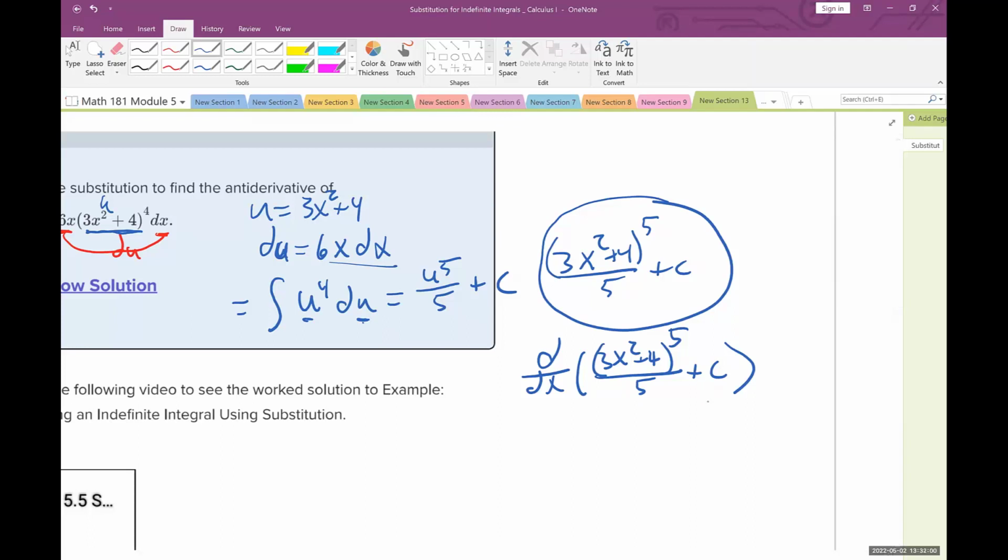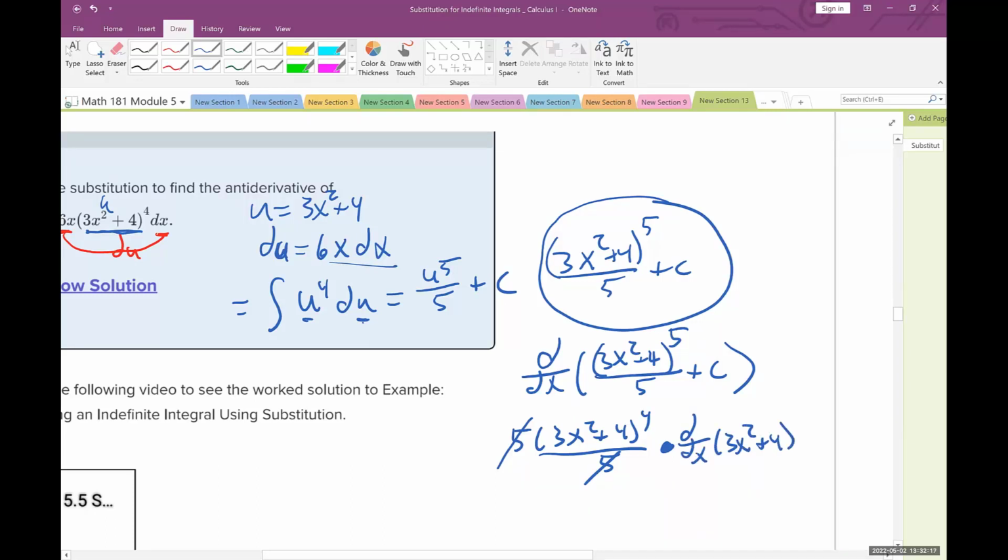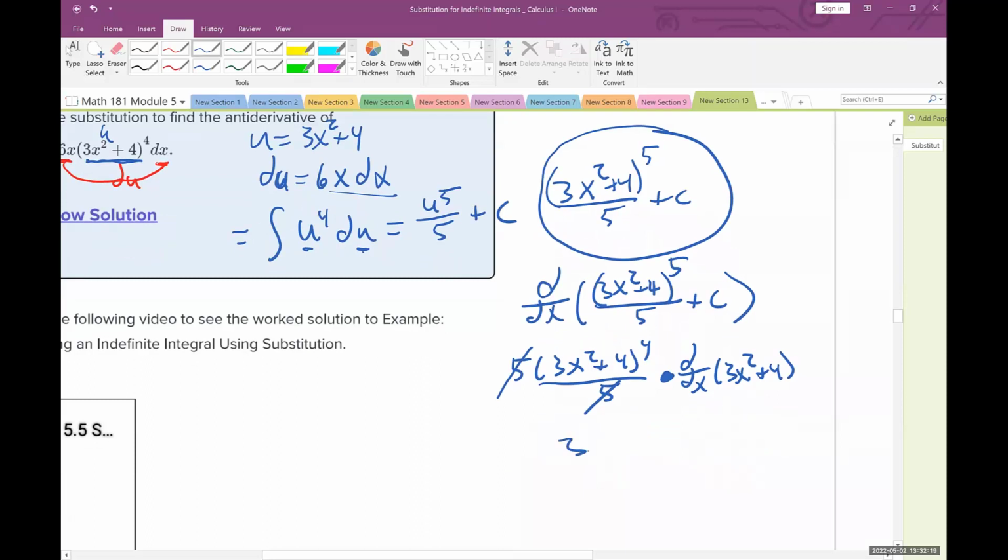Well, I'm going to have 5 times the 3x squared plus 4 to the 4th power over the 5. Those will cancel. But then I have to multiply it by the derivative of what's inside. So the derivative with respect to x of the 3x squared plus 4. And that's where we get the 3x squared plus 4 to the 4th power times that derivative, which is 6x. So it's undoing the chain rule.